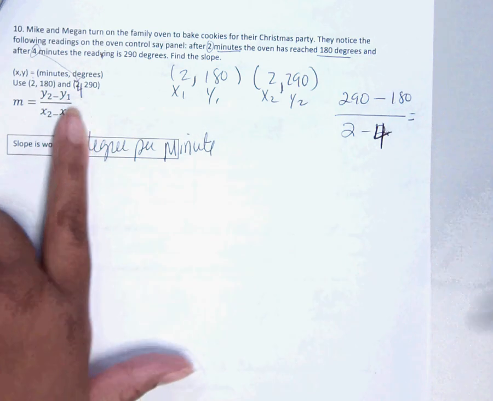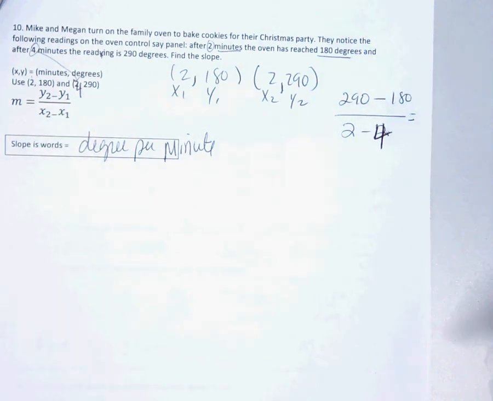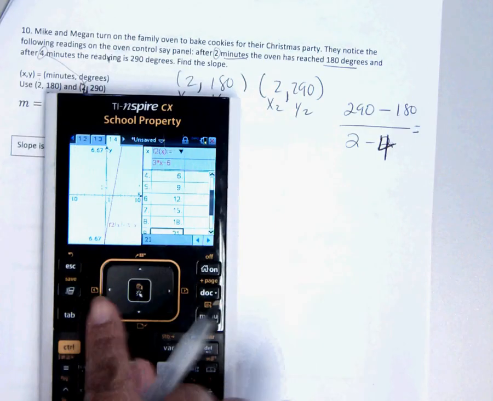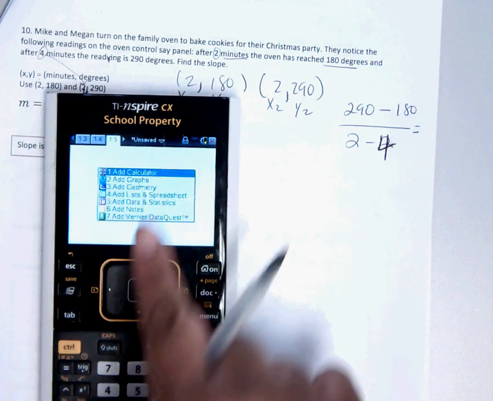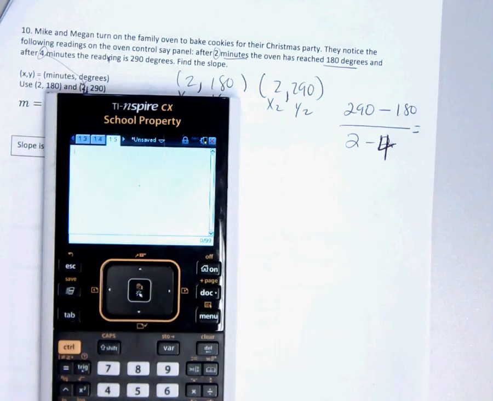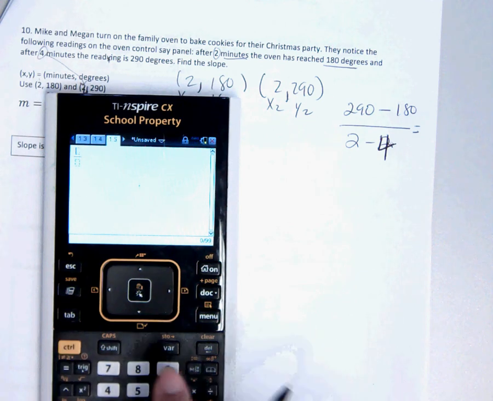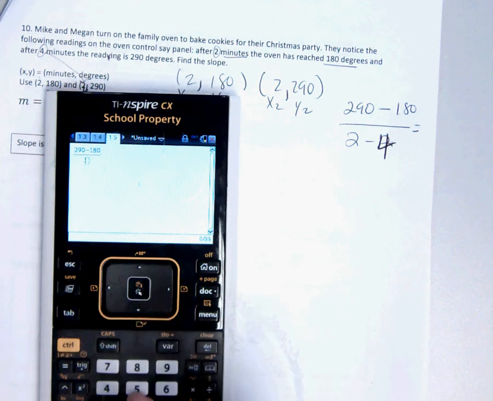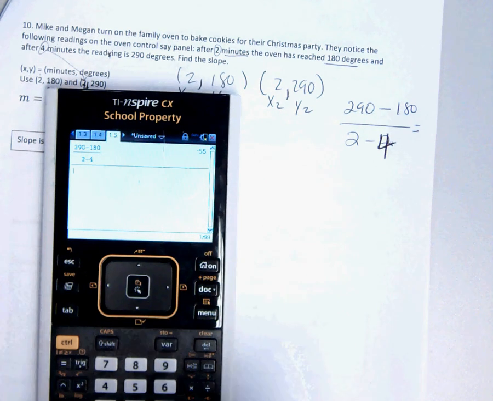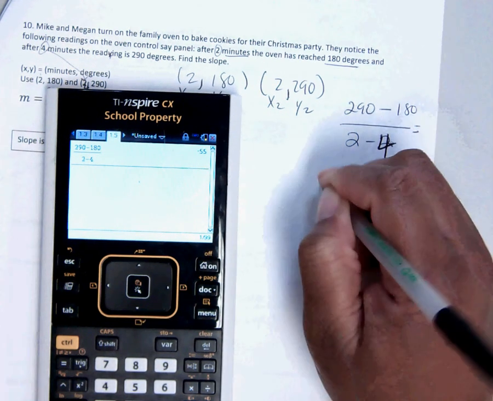And I want to practice with the calculator for those that want to see that. I'm going to add a page, and the page I'm adding is a calculator. And I'm going to do Control Divide and put 290 minus 180 over 2 minus 4. That gives me a negative 55, so that is my slope.